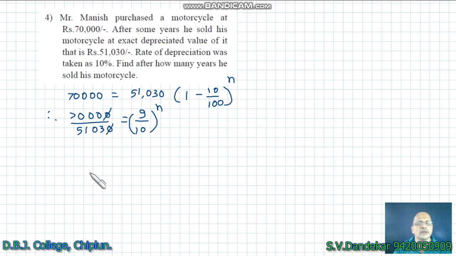Zeros cancel out, and therefore let us divide by 7. 1000 divided by 7... is equal to 9 upon 10 raised to n.